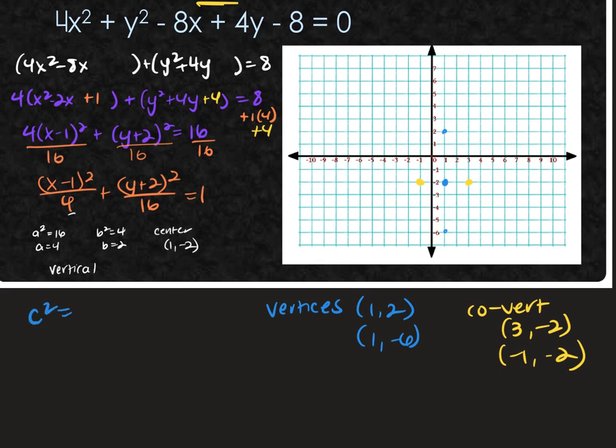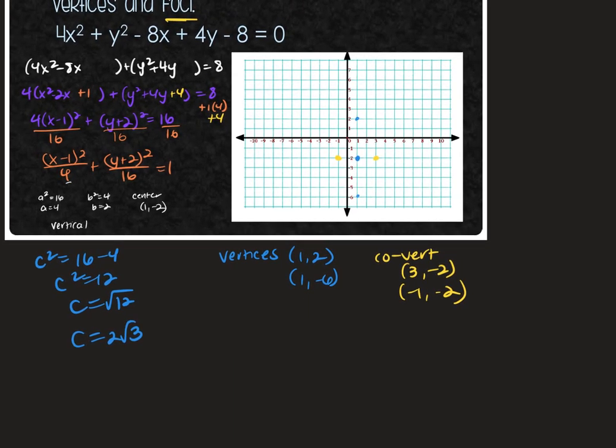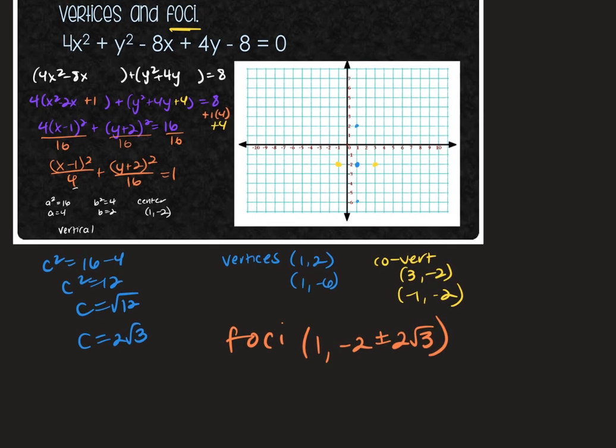C squared equals a squared minus b squared. C squared is 12. C equals square root 12, which has to get reduced. So that's 2 root 3. And then I am adding and subtracting that from the y coordinate of my center. So my foci: keep the x and add and subtract 2 root 3 from the y.